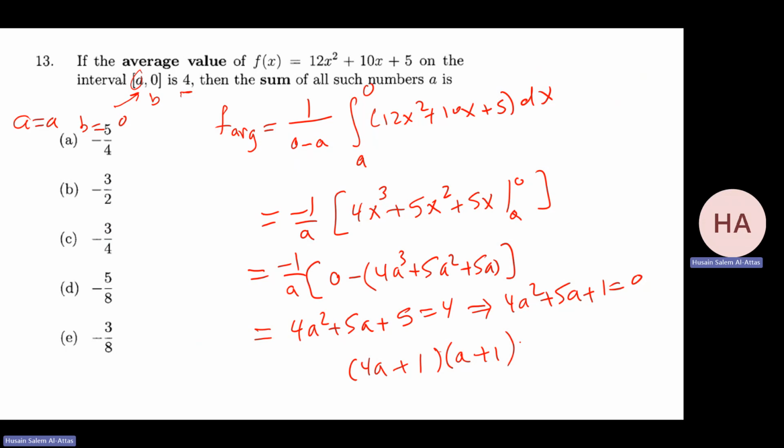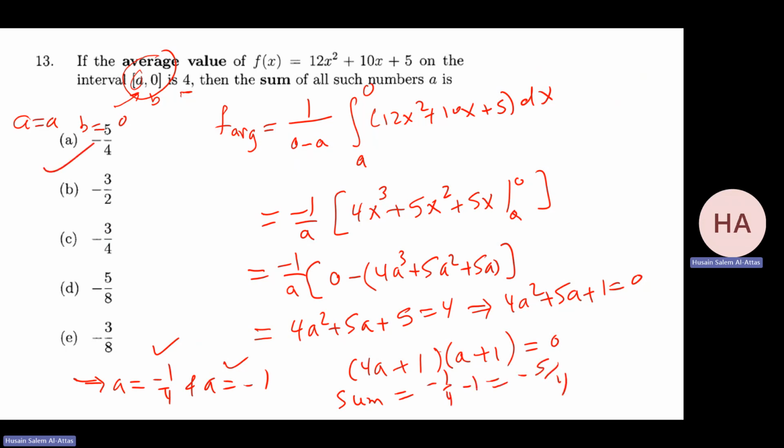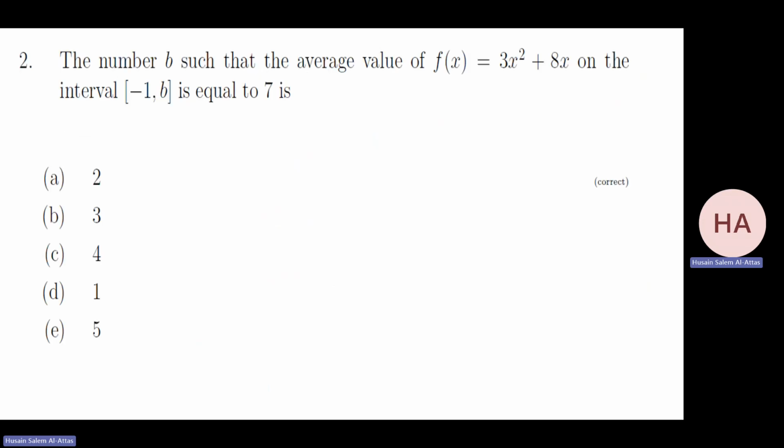So I have a equal minus 1 over 4 and a equal minus 1. Both are okay if I put them in this interval. So the sum will be minus 1 over 4 minus 1, which is minus 5 over 4, which is this one.